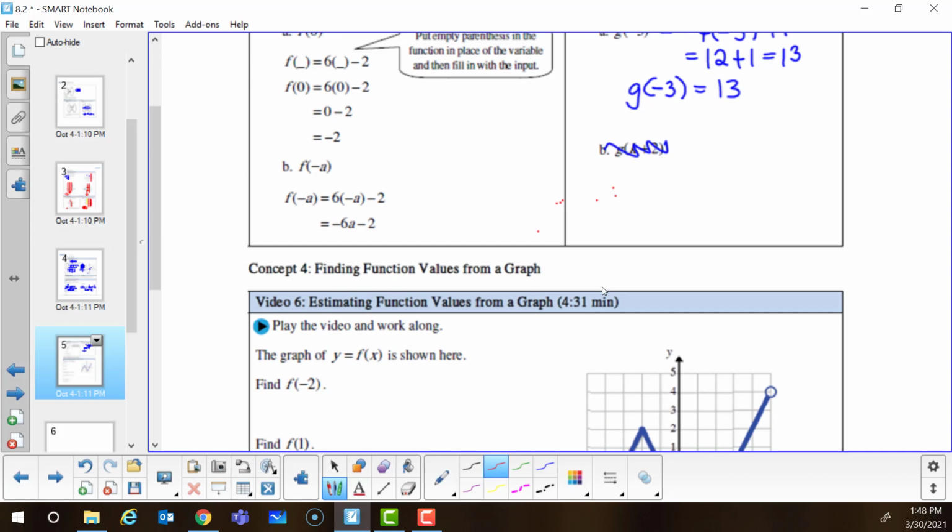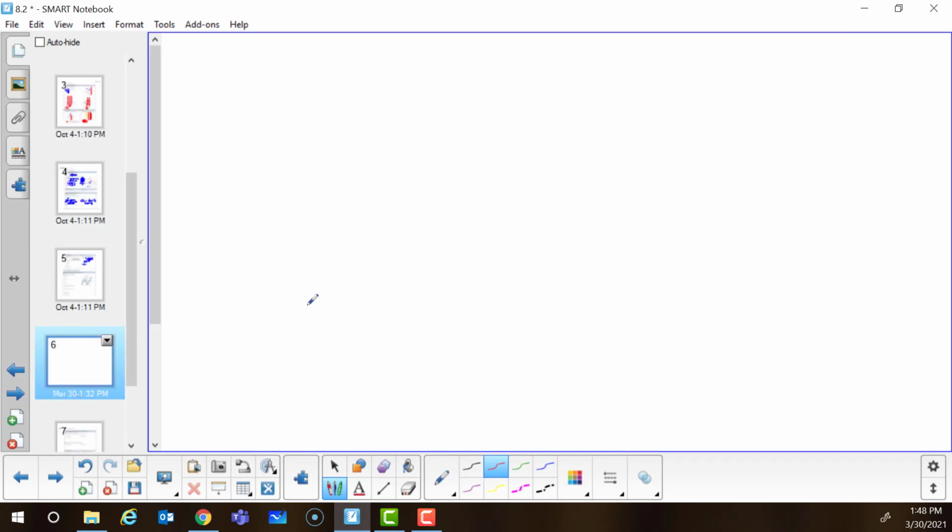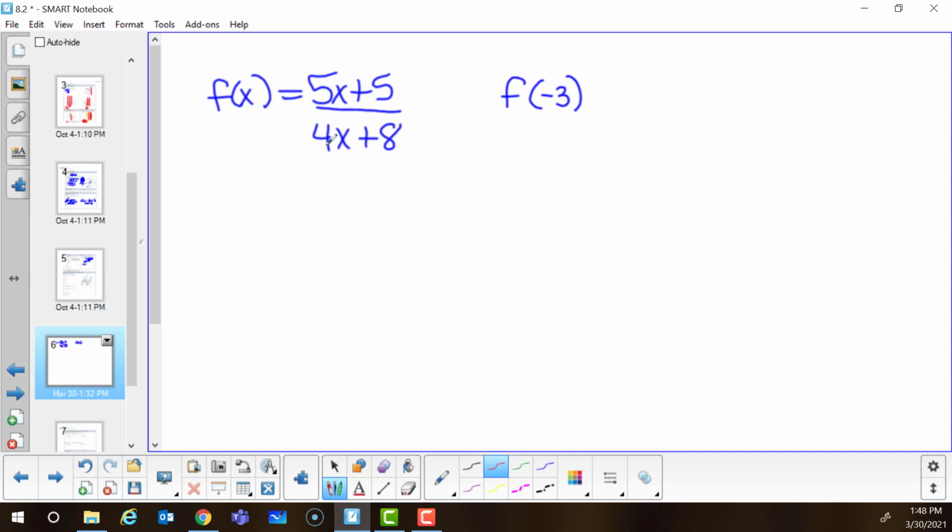All right. I'm going to give you a blank page because I want to give you some that I found. Suppose we had f of x equals 5x plus 5 over 4x plus 8. And I ask you to find f of negative 3. So let's put in a negative 3.